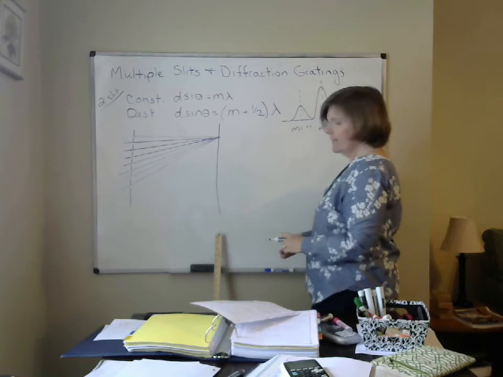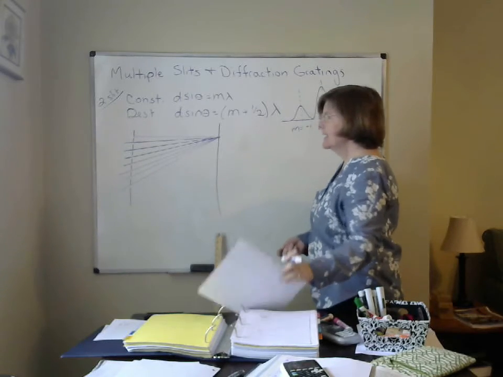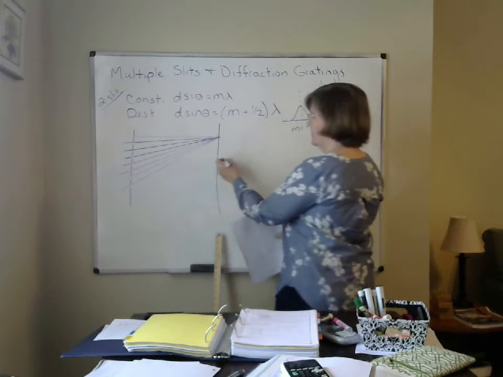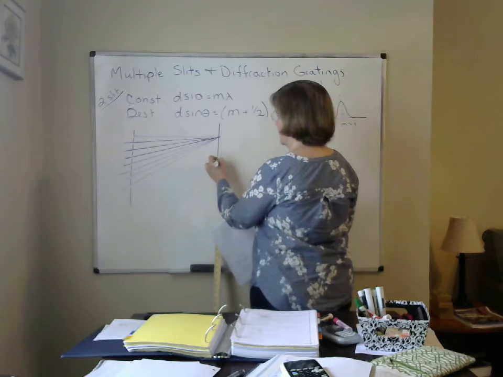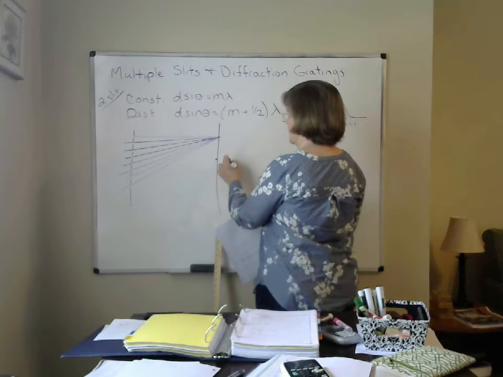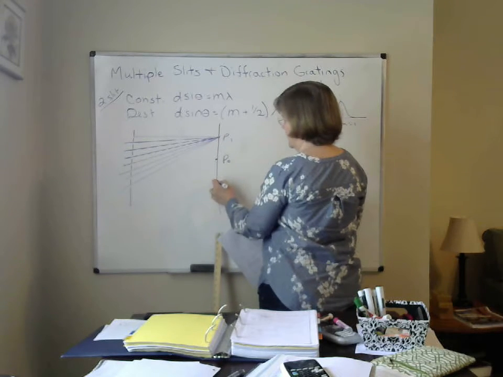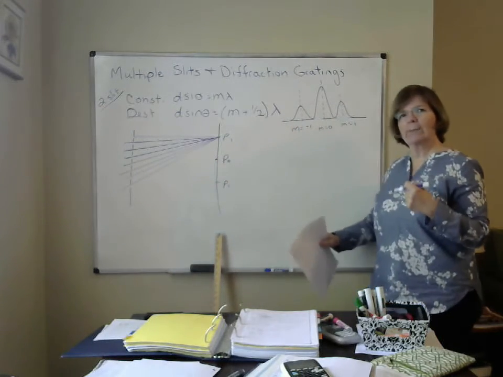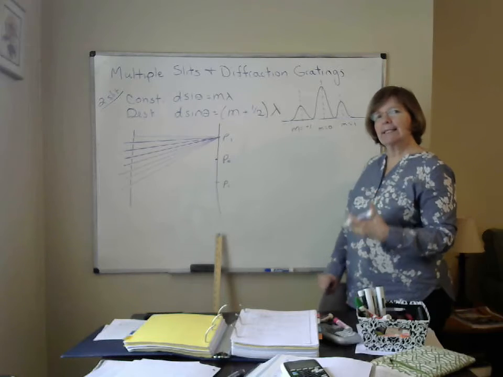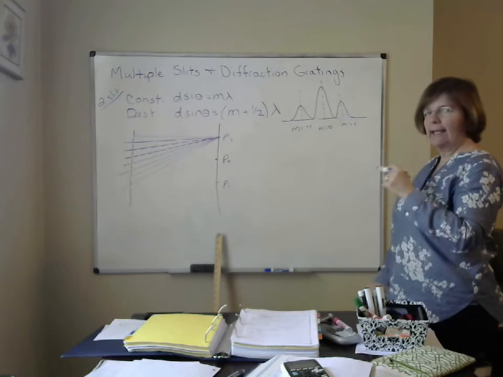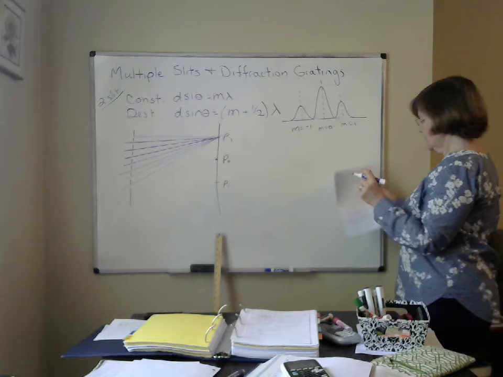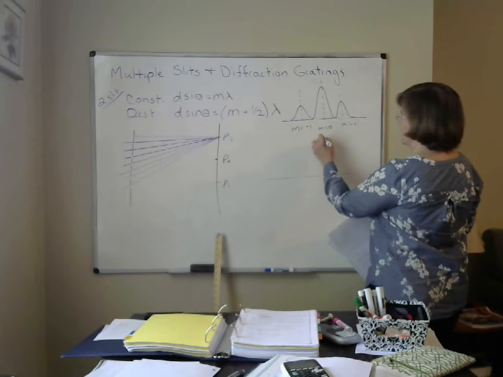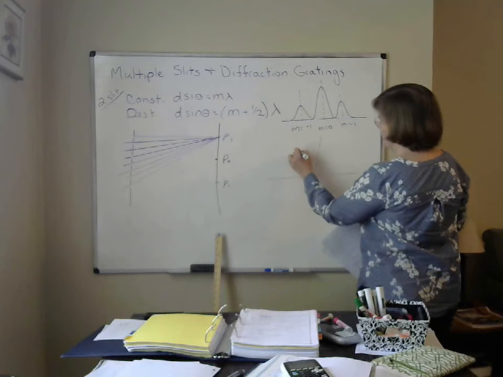But in between those points, what we find is there's not just one minimum. This was the central, and this might be the first. There'd be another one down here. But in between, rather than having one minimum, there would actually be 7 minimums if I have 8 different slits. And so my pattern comes out looking more like this. We put our 0 here, and we put our other one here.